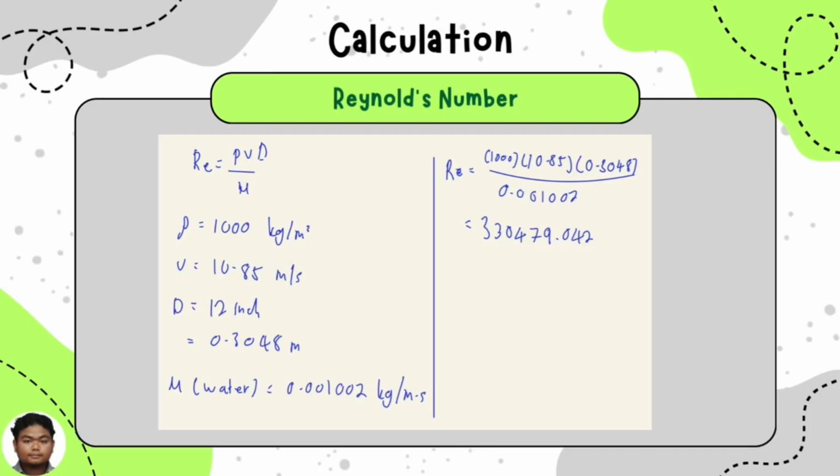The viscosity of water, we take the natural one at 20 degrees Celsius, that is 0.001002 kilogram per meter second. Then we put it in the equation and we got 330479.042 for the Reynolds number, which is turbulent flow.